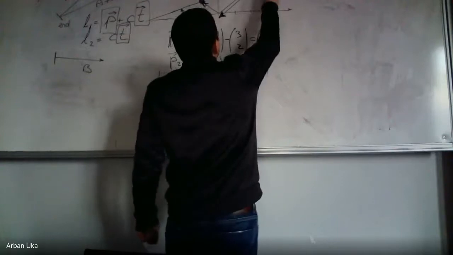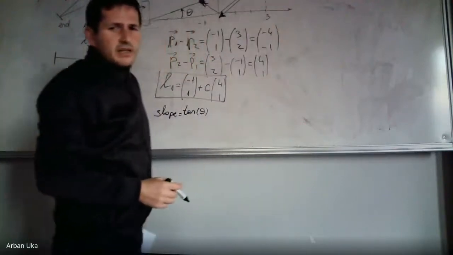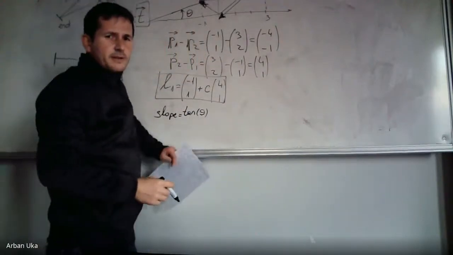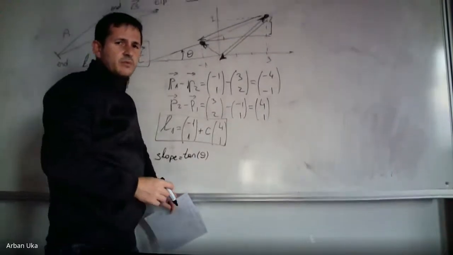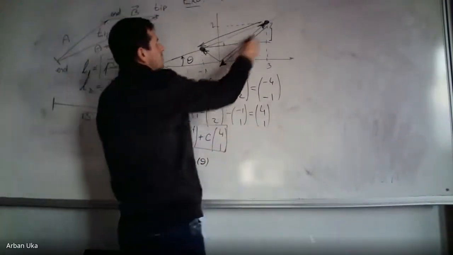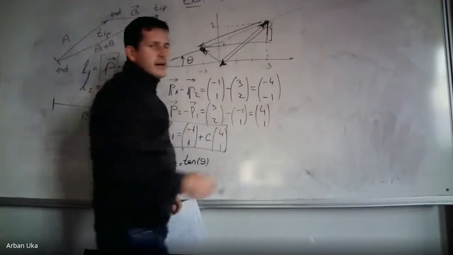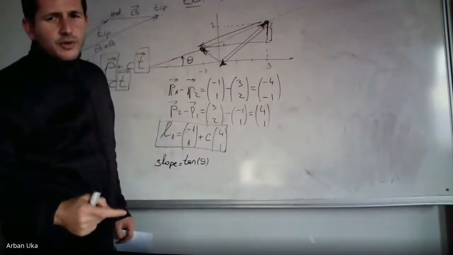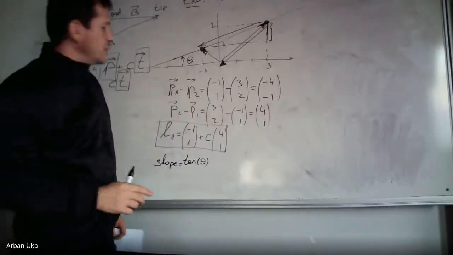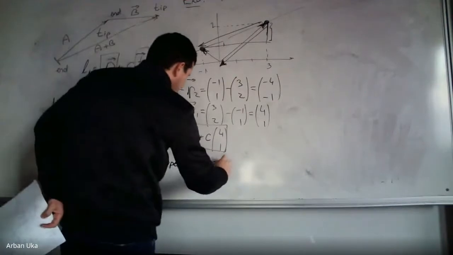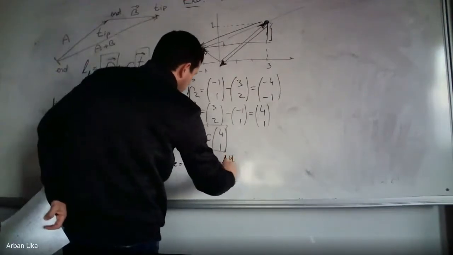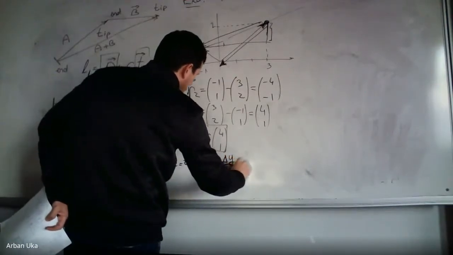You said we do the change in y divided by the change in x. Sorry, I moved this one too much up. So this is equal to delta y over delta x.